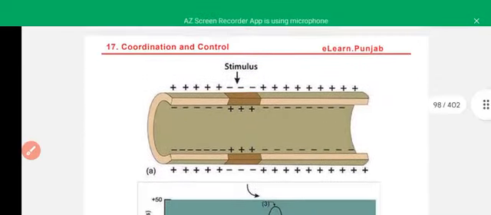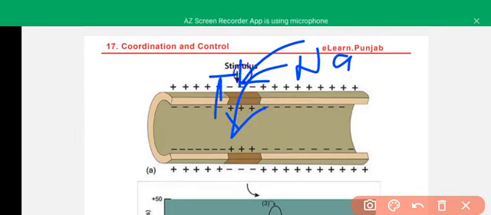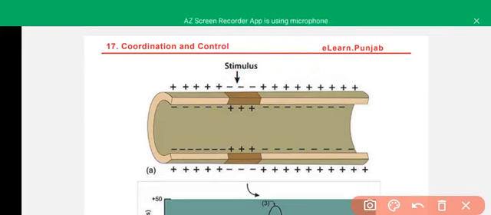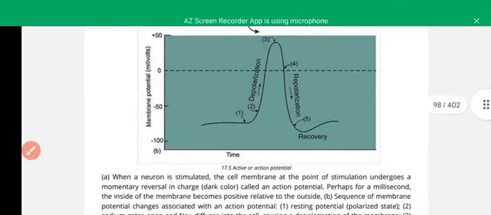Here is the stimulus, then the sodium movement inside, and the inside becomes more positive. But it occurs for only milliseconds, about 2 to 5 milliseconds for the whole process. And here is the graph for the stimulus.